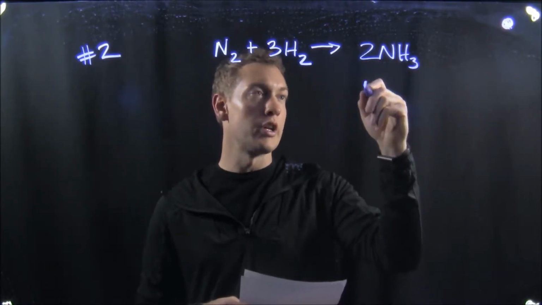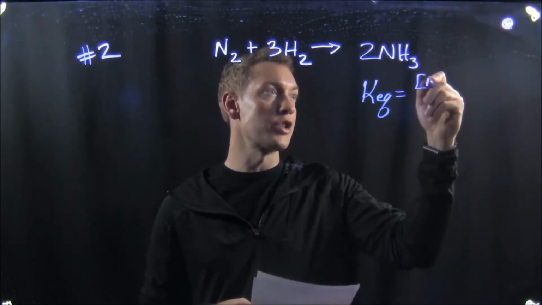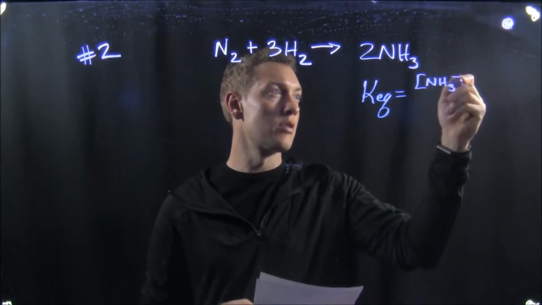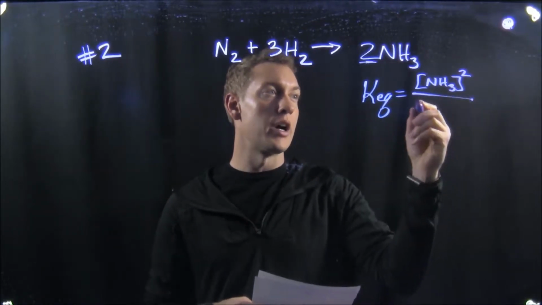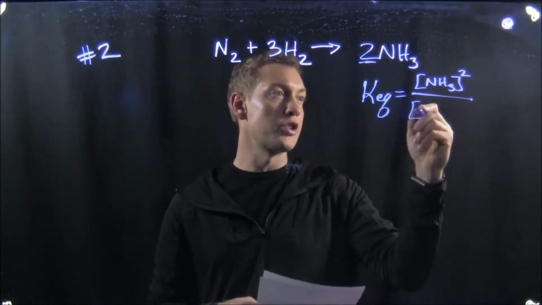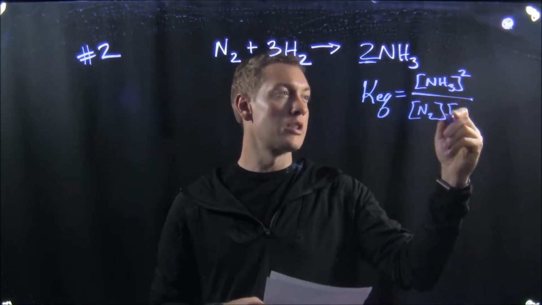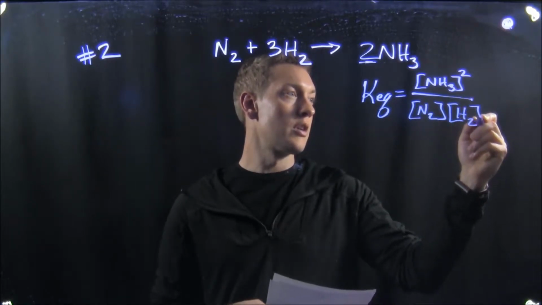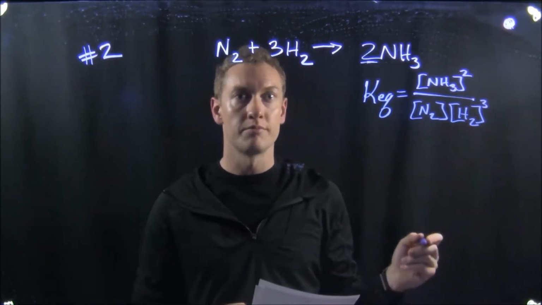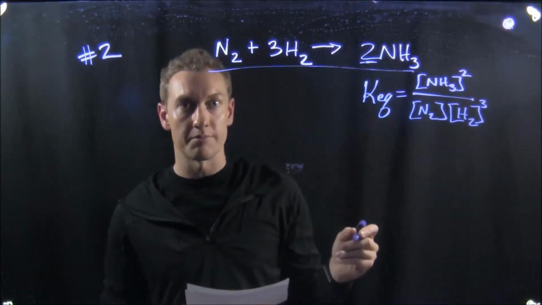So in this one, KEQ would equal the concentration of ammonia squared, because of that coefficient, divided by the concentration of nitrogen just to the first power times the concentration of hydrogen, and that would be cubed. So that's how you would calculate KEQ for this reaction.